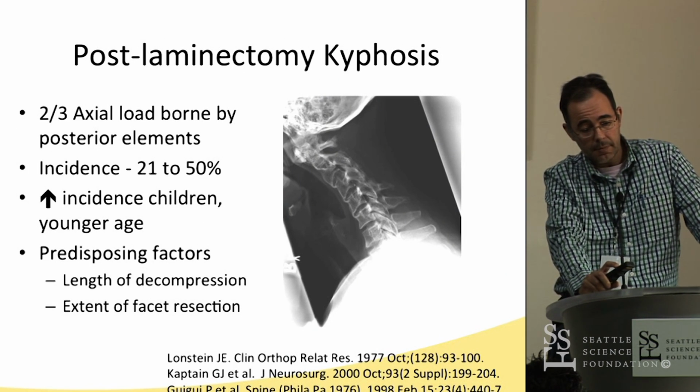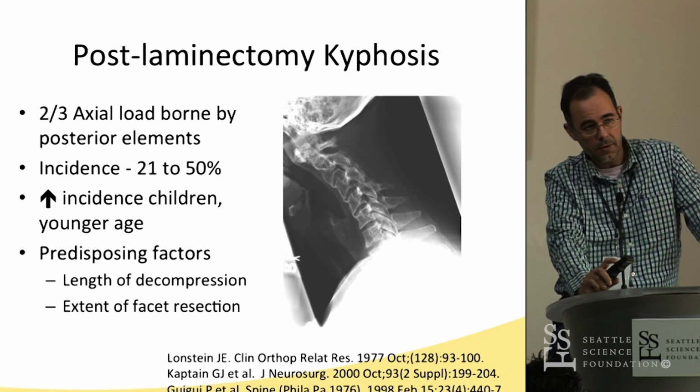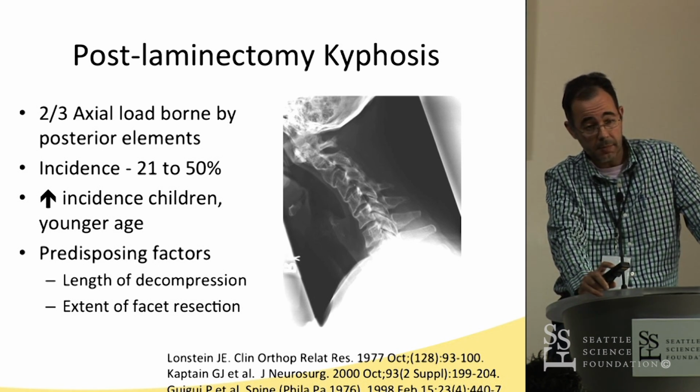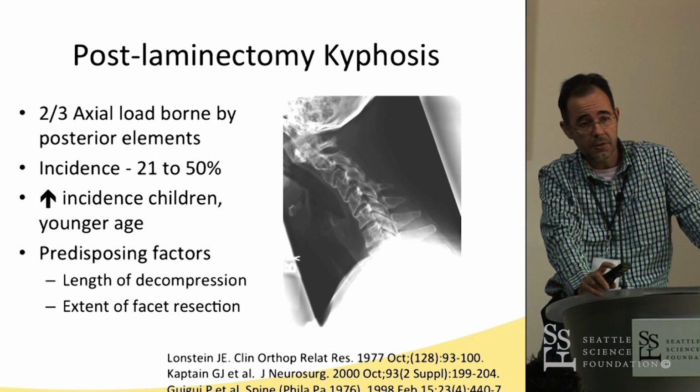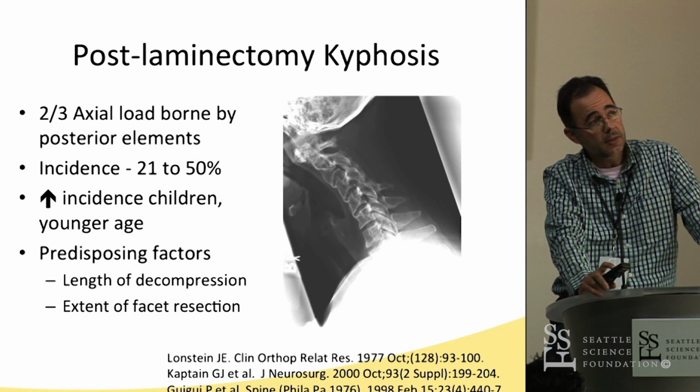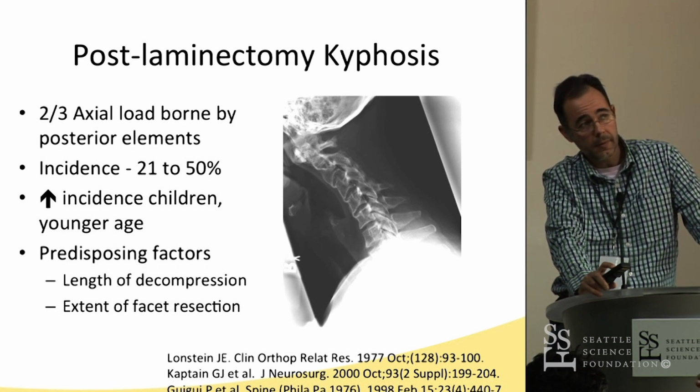However, furthermore, with laminectomy, there is a risk of post-laminectomy kyphosis, probably more common in the pediatric literature. But still, younger adults are also at risk of developing post-laminectomy kyphosis.